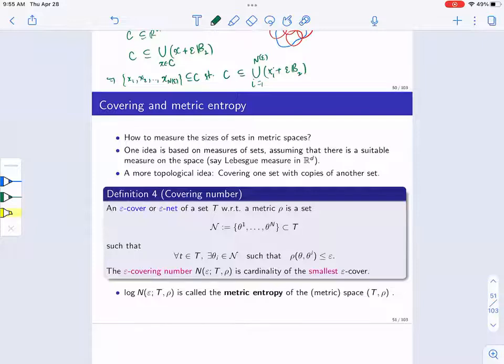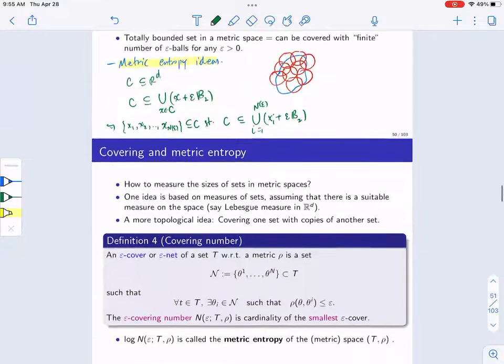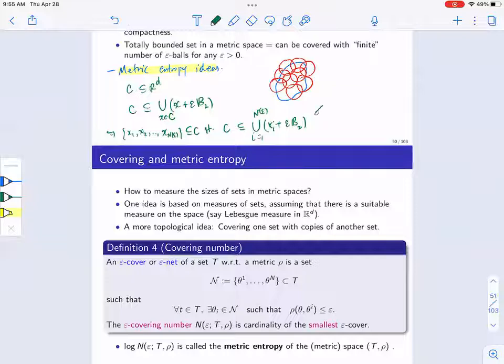So formally, the notation here is a little bit different. If I have something like this, then this is equivalent to saying that for every x in C, there exists i such that the norm of x minus xi is less than or equal to epsilon.